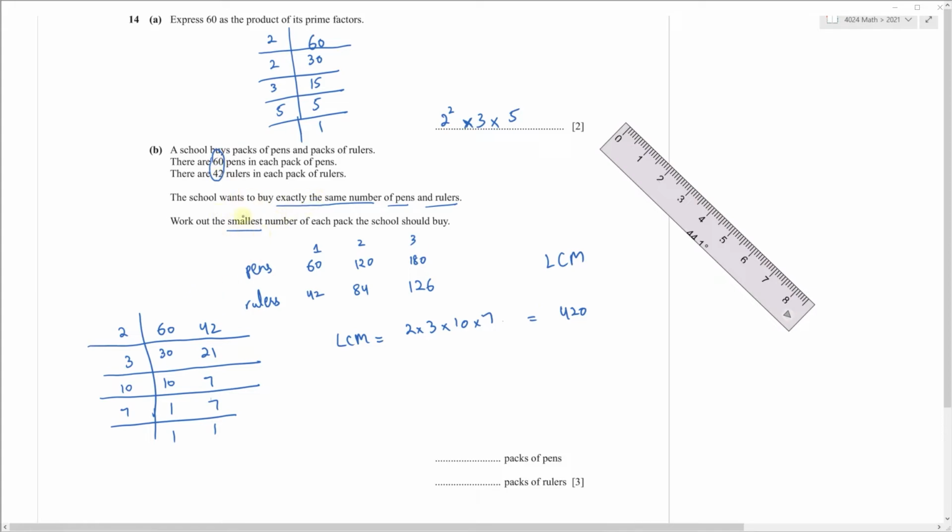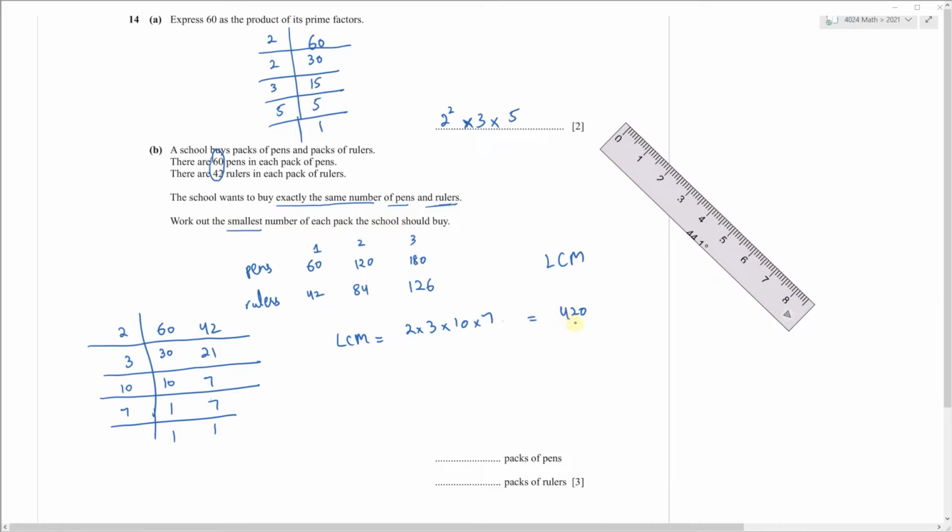So the school has to buy 420 pens and rulers to get exactly the same number of pens and rulers. Now they come in packs of 60 and 42. You have to work out the smallest number of each pack the school should buy.